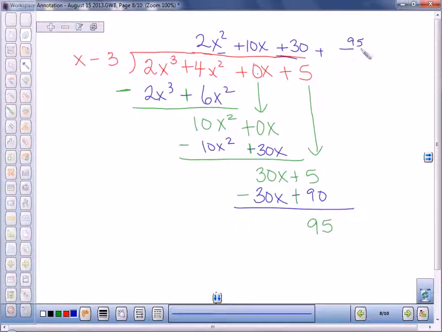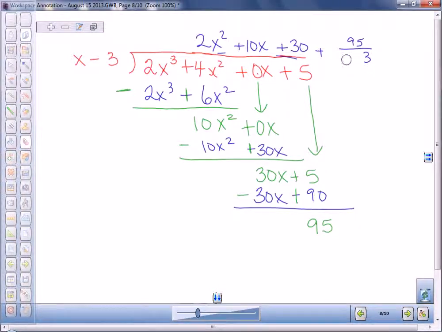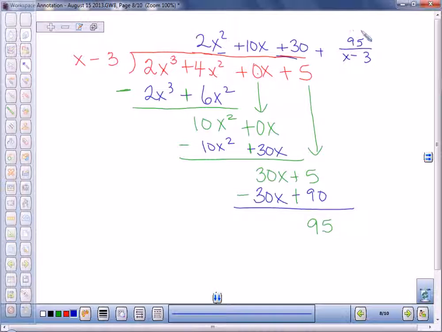Miss Willoughby, wouldn't the 90 be negative because we're multiplying? Oh, how do you get a positive 30? Because you have to subtract. See how every time I subtracted, which changed the signs of everything? I know, I did that, but I'm just messed up.